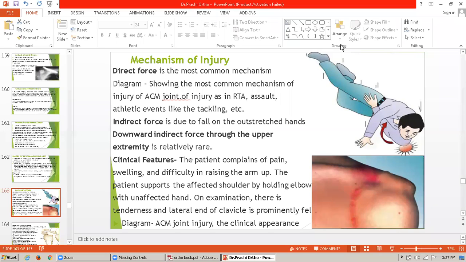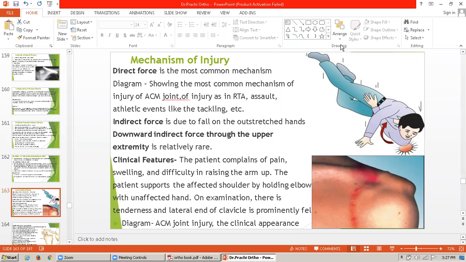The clinical picture shows that the patient complains of pain, swelling, and difficulty in raising the arm up. The patient supports the affected shoulder by holding the elbow with the unaffected hand.